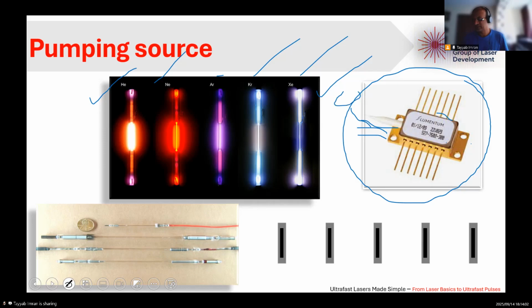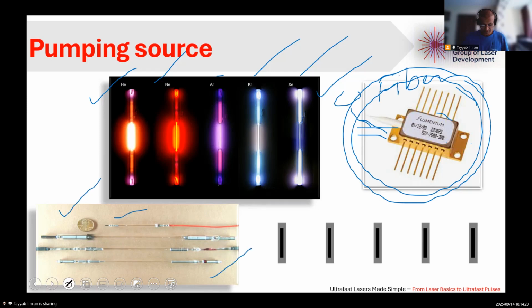Fiber lasers are the most popular these days for many reasons; they can generate high powers, etc. And here you can see the flash lamps and their sizes. Some are very small, some are big, depending on the dimension of the laser medium used.